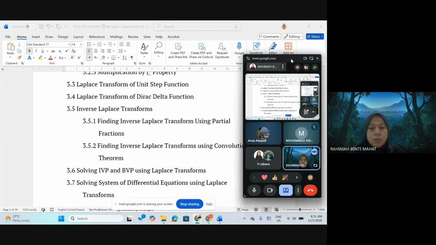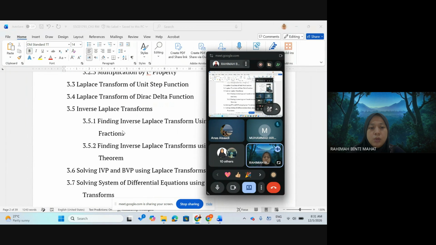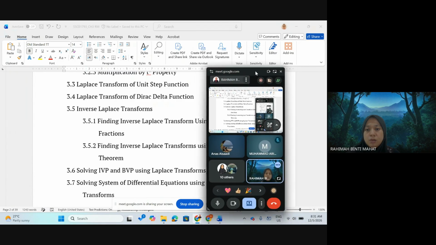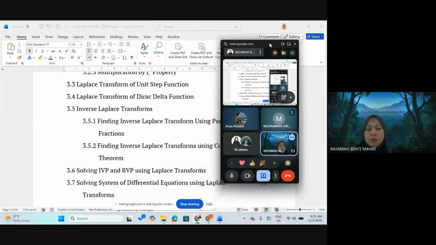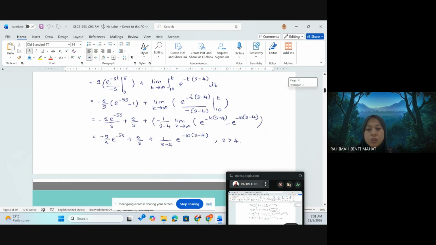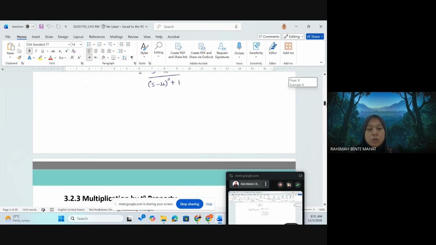Inverse, and then today we are going to look at how we want to find the inverse Laplace by using the partial fraction. By using the partial fraction.